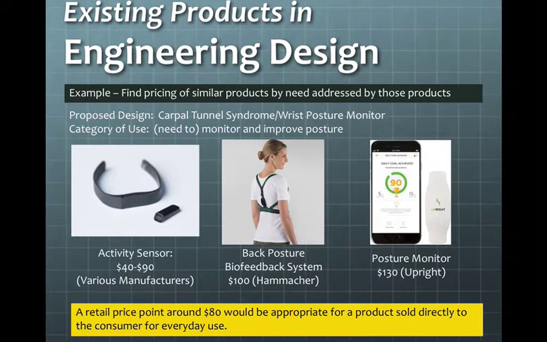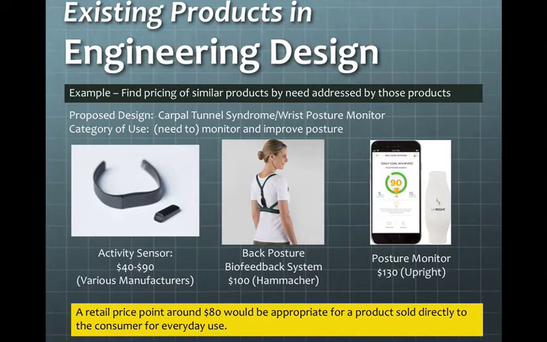In another example, let's look at a system designed to monitor wrist posture with intentions of preventing carpal tunnel syndrome and other health consequences of incorrect posture while using computing and other devices. As expected, there are many devices already on the market to address posture, ranging from products like Fitbit, which monitor activity and exercise throughout the day, to products that are more specifically targeted at monitoring posture.